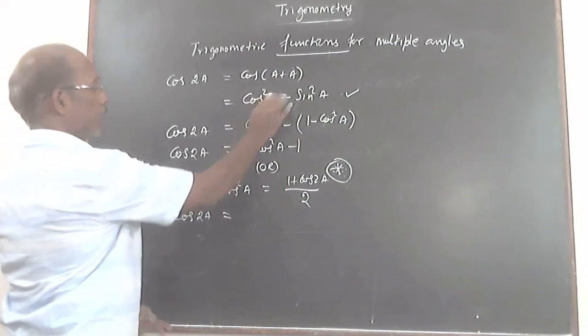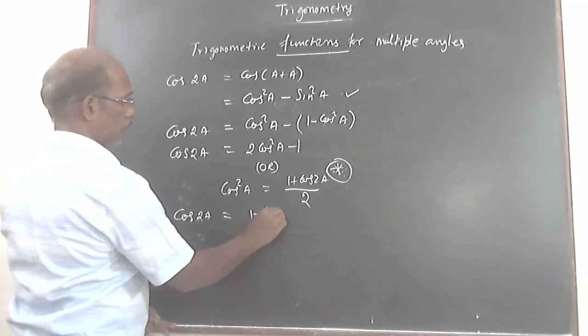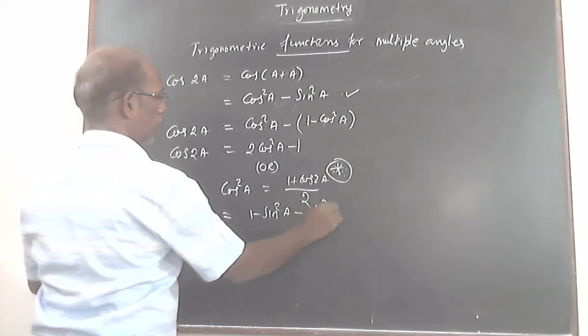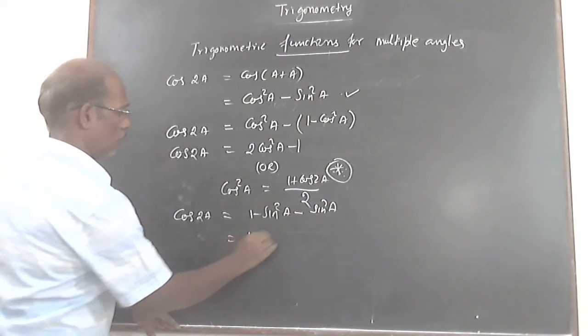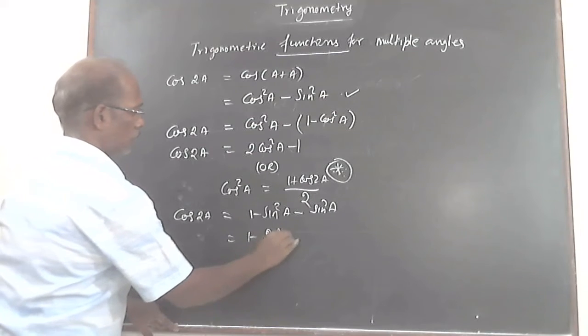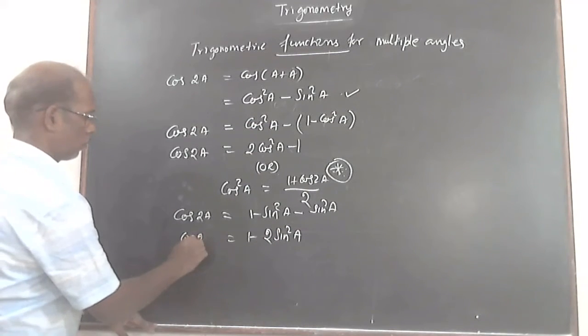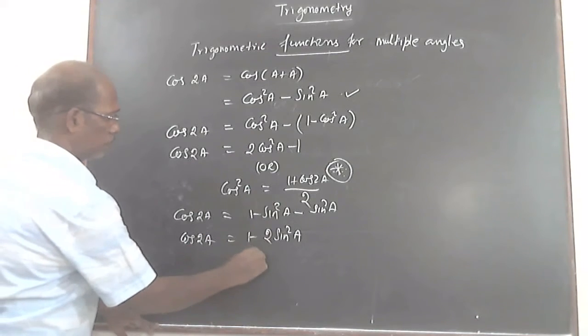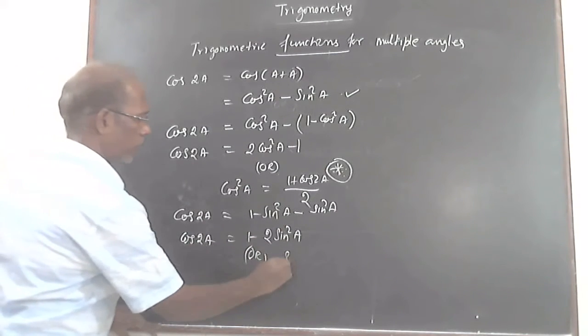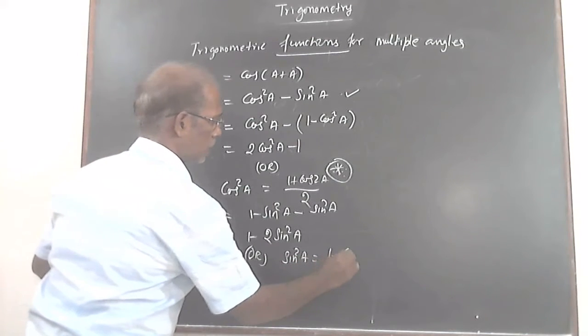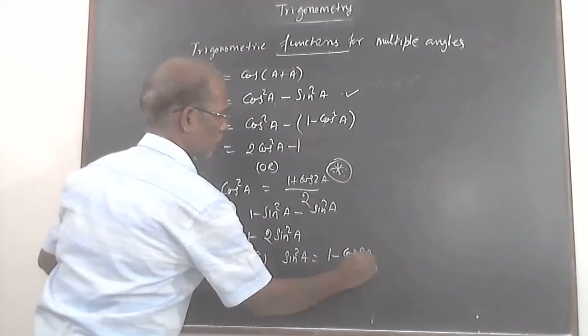Cos square a is 1 minus sin square a, plus another sin square a gives 1 minus 2 sin square a. This is cos 2a. Or sin square a equals (1 minus cos 2a) by 2.